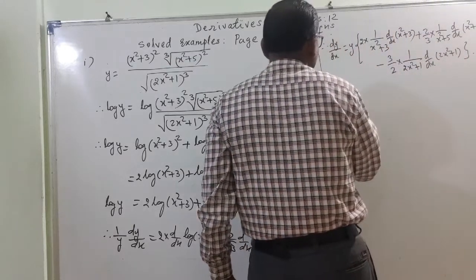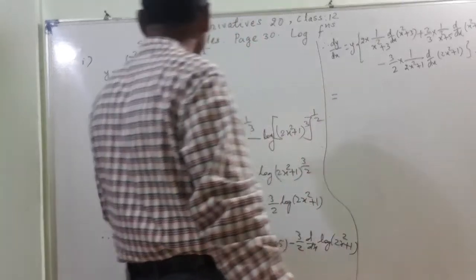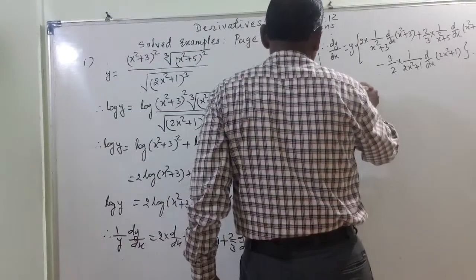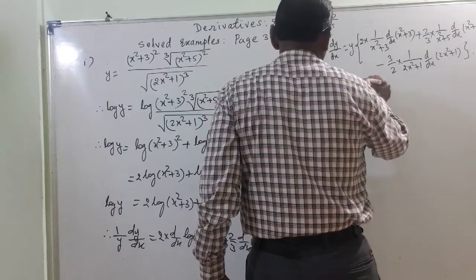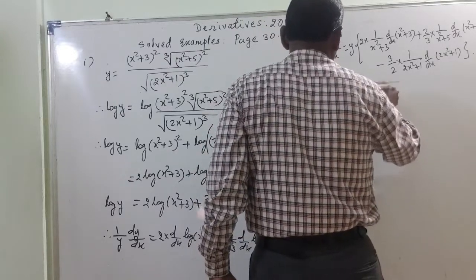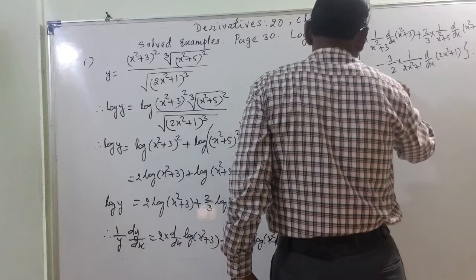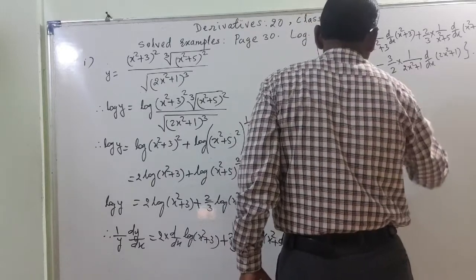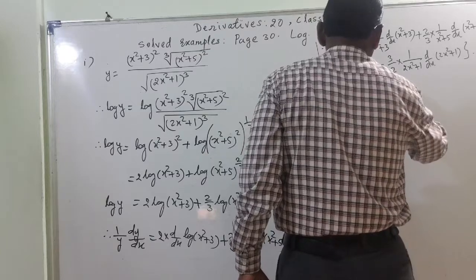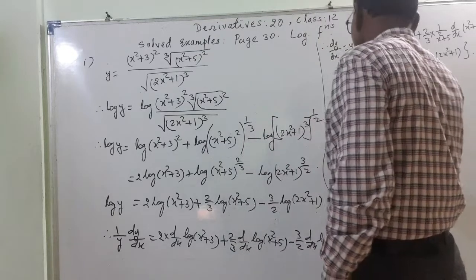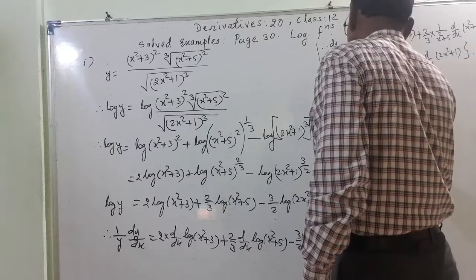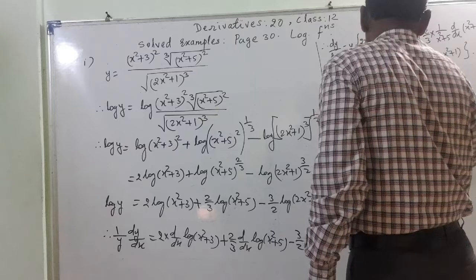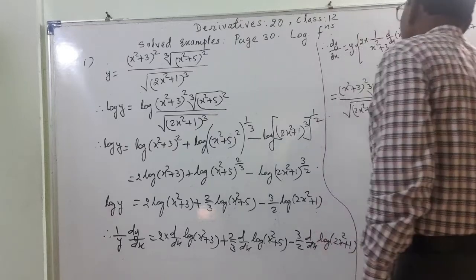That is equal to, what is meant by y? Y means this. So I will write that (x square plus 3) raised to 2 into cube root of (x square plus 5) bracket square upon under root (2x square plus 1) raised to 3, into, now this I am going to solve.